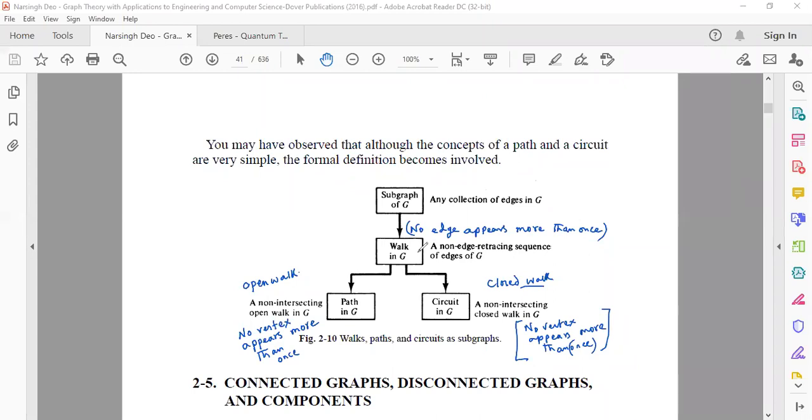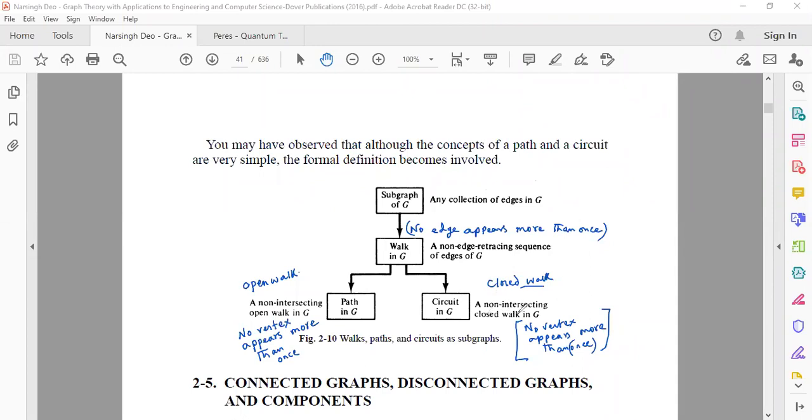A walk is an alternating sequence of vertices and edges, where a vertex can repeat itself, but an edge cannot. A path is also an alternating sequence of vertices and edges, where an edge does not repeat, because a path is after all a walk. But along with this, a vertex is also not repeating itself.